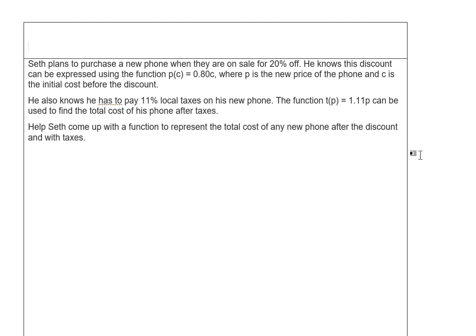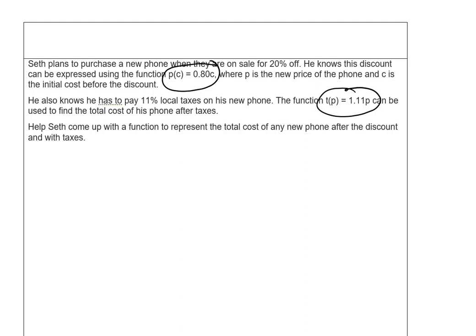He knows this discount can be expressed using the function P of C equals 0.8 times C, where P is the new price of the phone and C is the initial cost before the discount. He also knows that he has to pay 11% local taxes on his new phone. The function T of P equals 1.11P can be used to find the total cost of his phone after taxes.